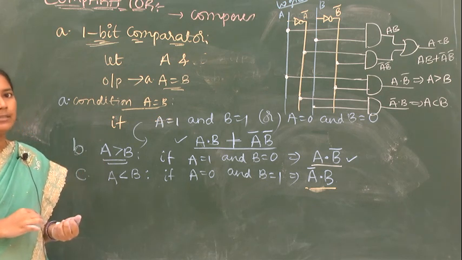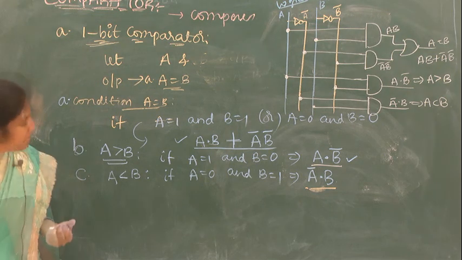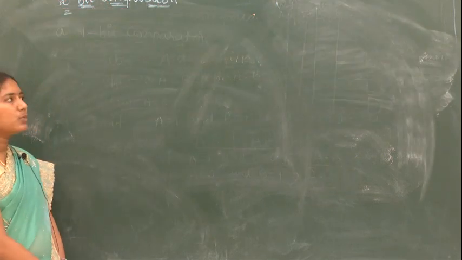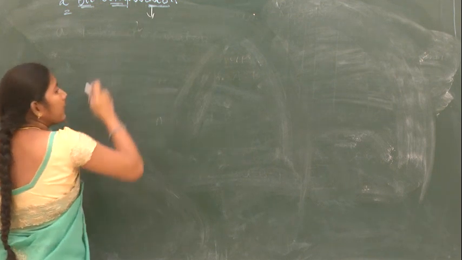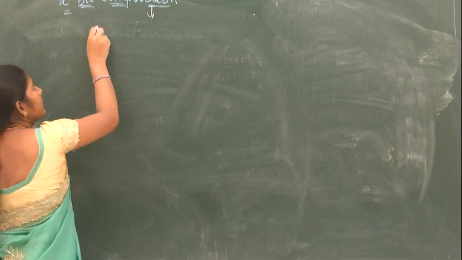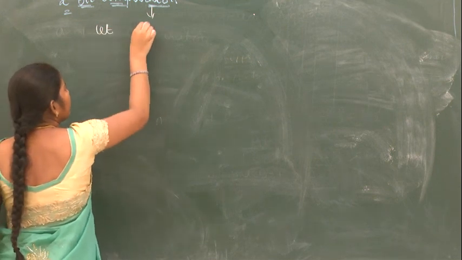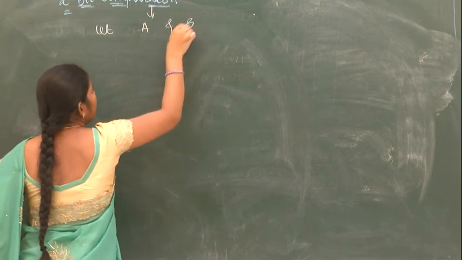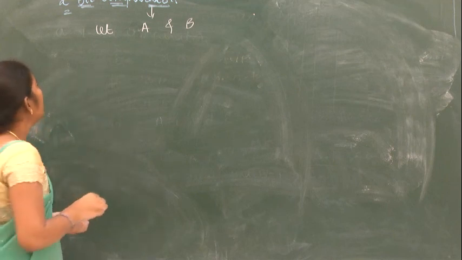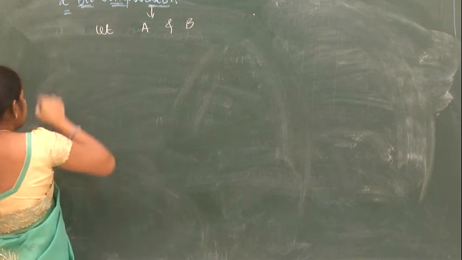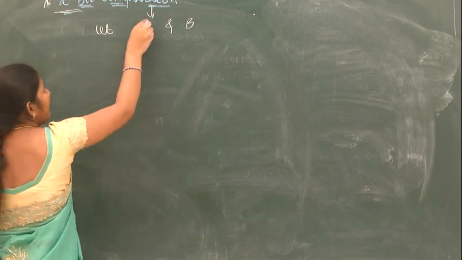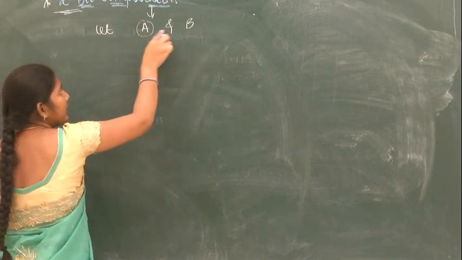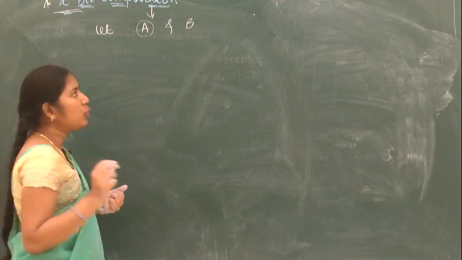Now we'll discuss the 2-bit comparator. Now the comparator purpose is what? It will compare two binary numbers. Right? Let's take the two binary numbers are A and B. But as it is 2-bit, each binary number is having 2 bits.